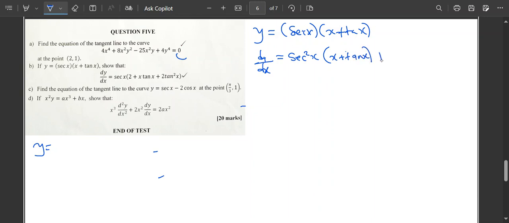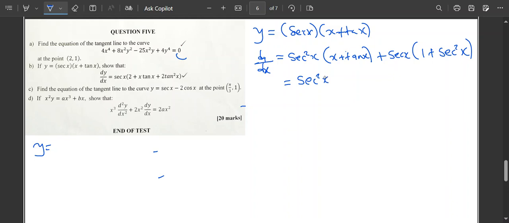Then the next thing, I'll maintain sec x and differentiate what is inside there. Differentiating x will give us just 1, right? Then differentiating tan x will be sec squared x. So if I distribute this, I'm going to have sec squared x.